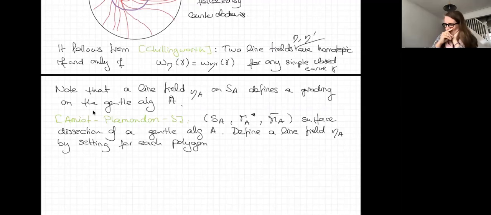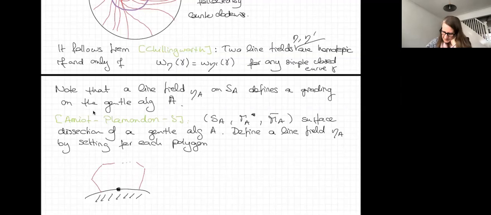Of course, we have to define the line field in the polygon such that you can actually glue and get a line field on the surface. So we use the red polygons. And here we take the line field that's tangent to the red arcs and hits the boundary segment transversely.